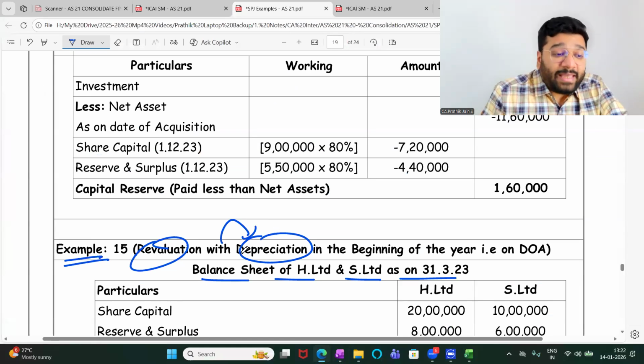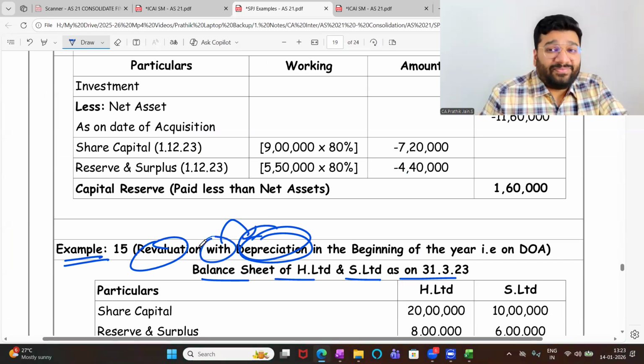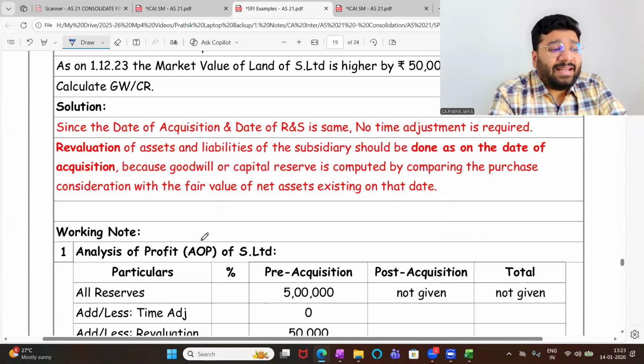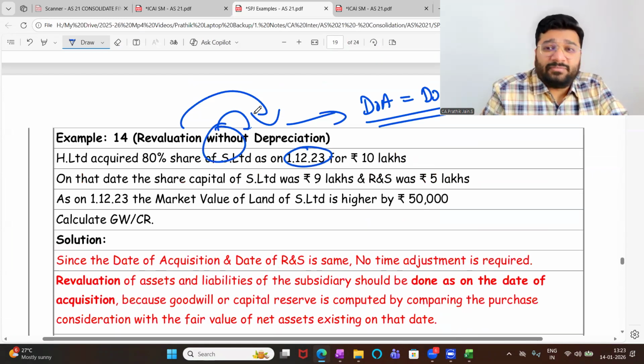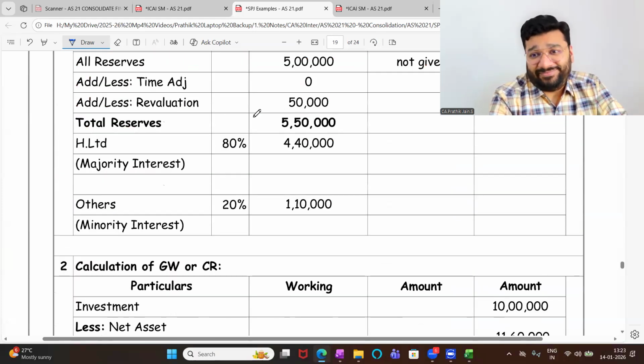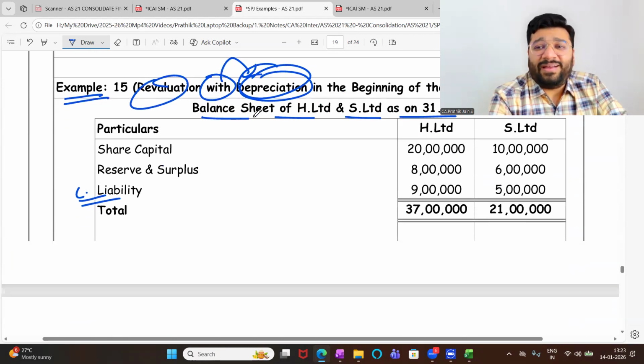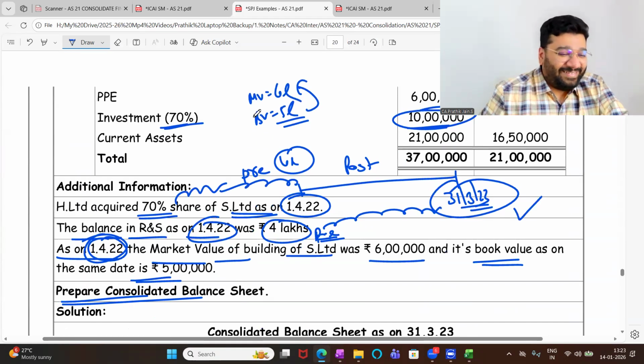What did you understand? Tell me. I said in example 14 it's without depreciation. In example 15 it's with depreciation, I said.